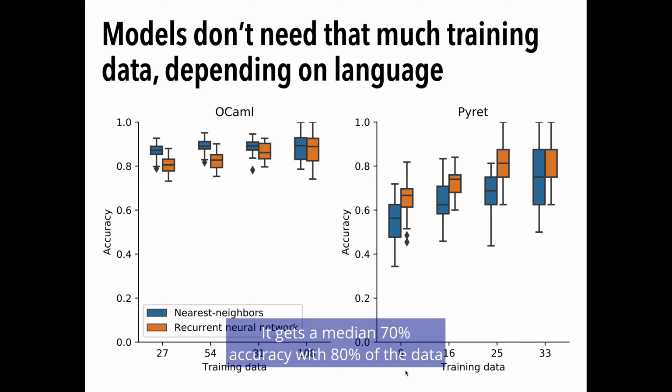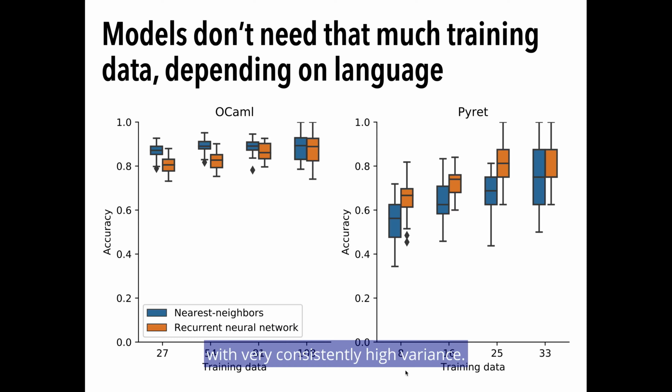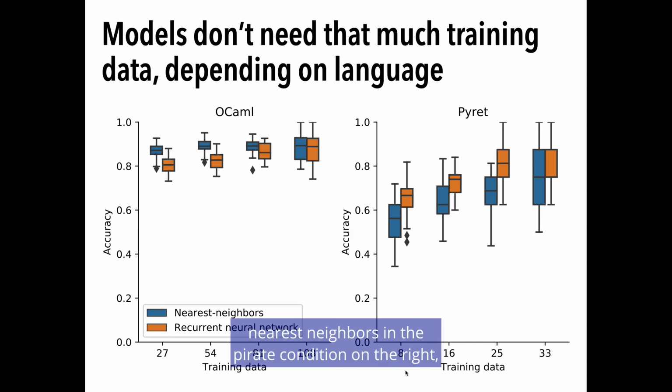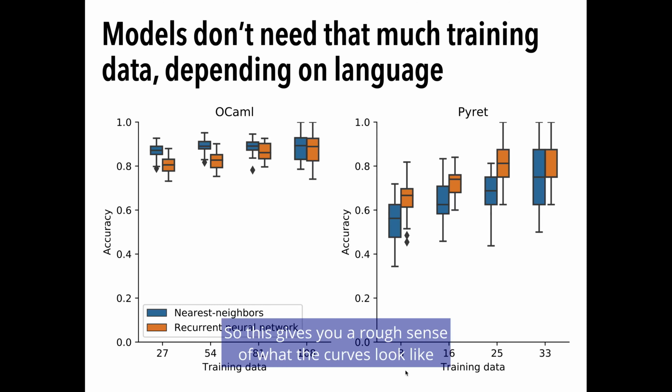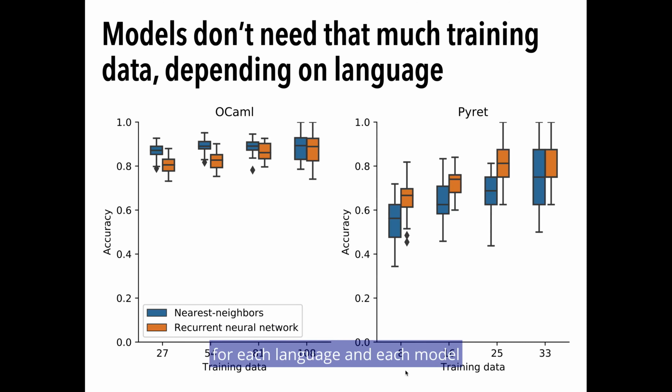It gets a median 70% accuracy with 80% of the data, with very consistently high variance. By contrast, the neural network outperforms nearest neighbors in the Pirate condition on the right, getting a peak of median 82% accuracy.